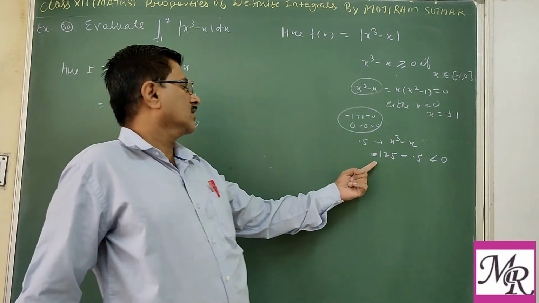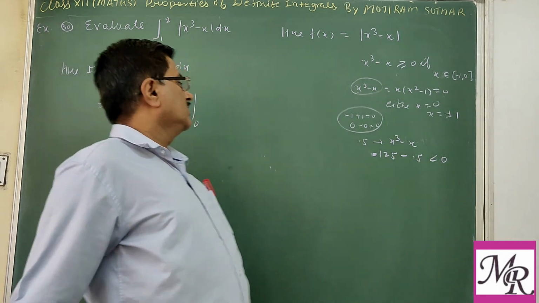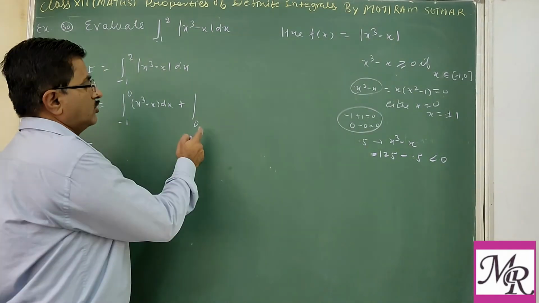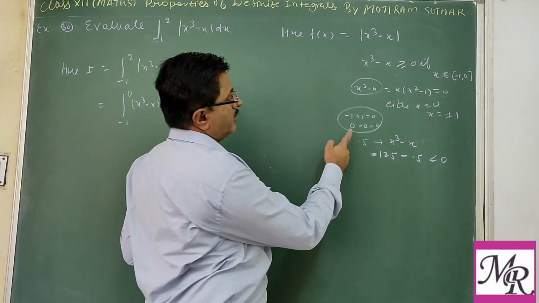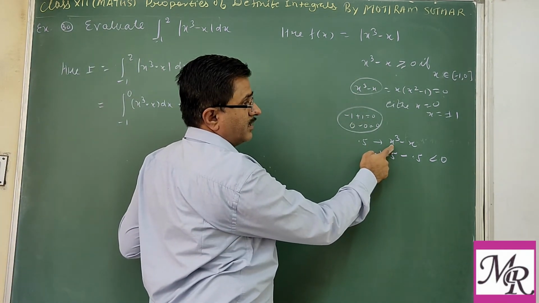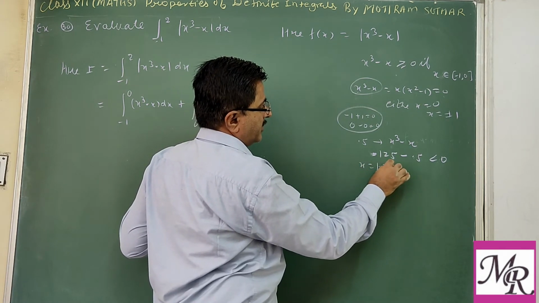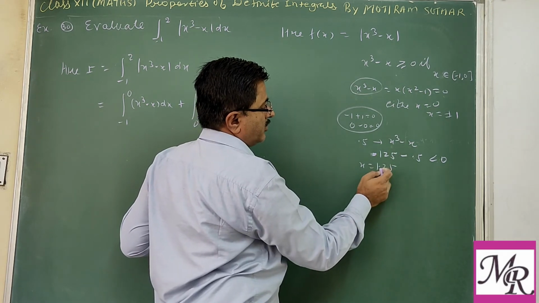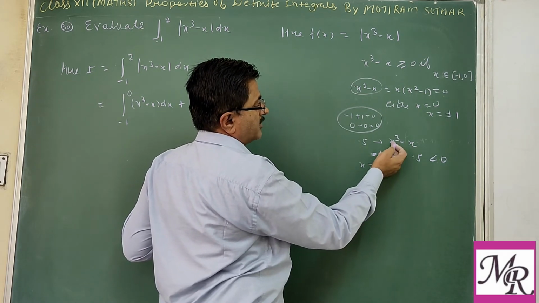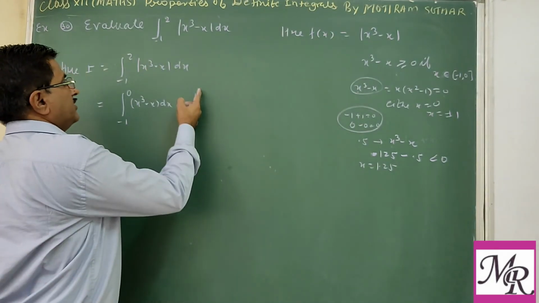If you check for 0.5, then this is negative. It means this is negative for the points 0 to 1. Because if you take 1.5, then it is again positive. If you take any number greater than 1, this is positive because 1.25 power 3 minus 1.25, the power will be greater, so positive. That's why we take this.